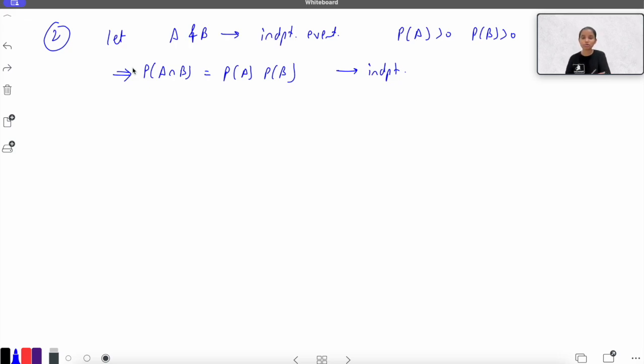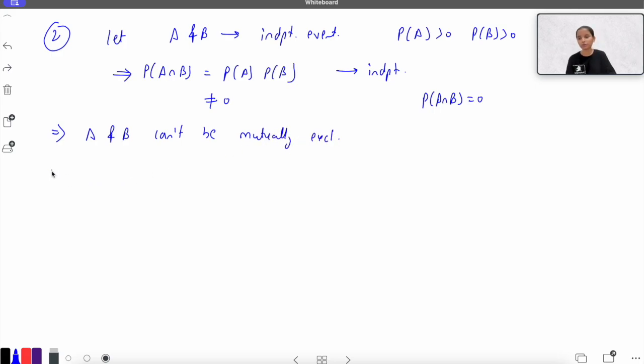But for mutually exclusive, what is the requirement? For mutually exclusive, I should have the probability of A intersection B equal to 0. But this is not the case here. They can't be equal to 0 because they are independent. So from here we can conclude that A and B cannot be mutually exclusive.